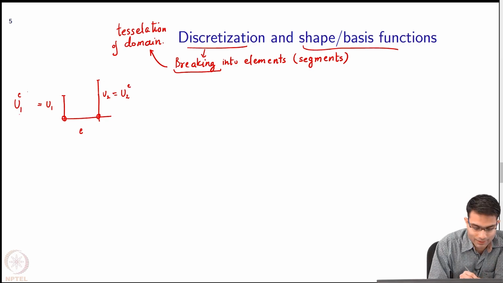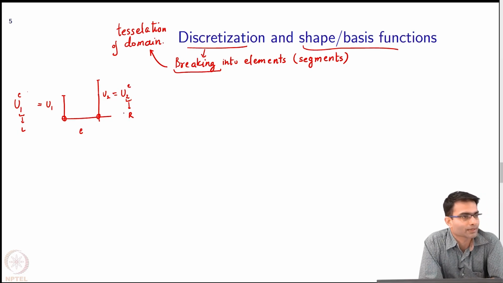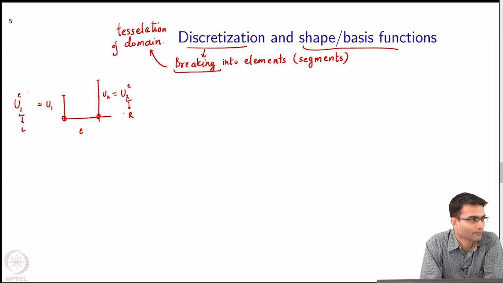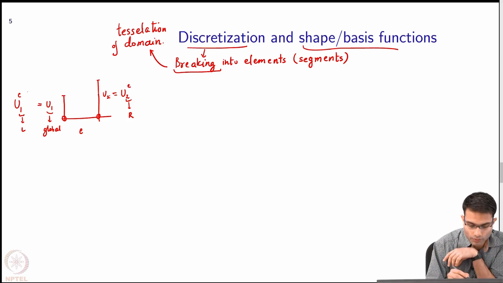So here this again refers to left and this here refers to right. Okay. So I am writing this again so that you get used to this convention that we have. Okay. And this of course is global.